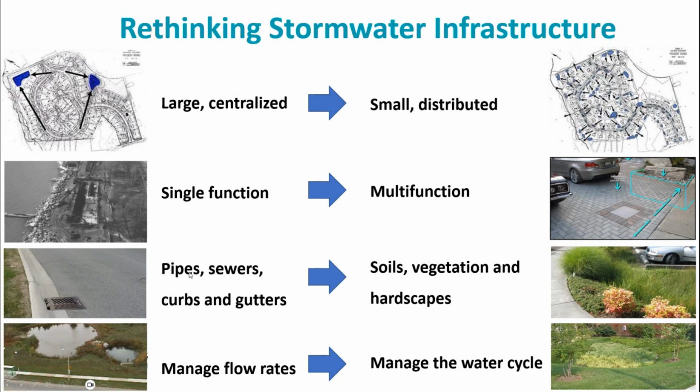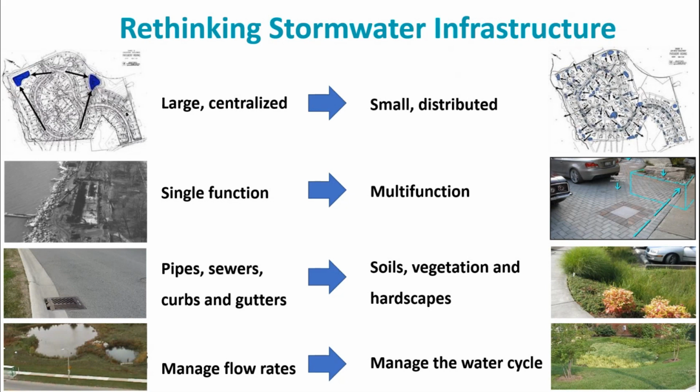We're moving from traditional pipes, sewers, curbs, and gutters to more soils, vegetation, and hardscapes that you can have in bioretention, bioswales, or rain garden systems. And then you can manage flow rates not just by using stormwater management ponds, as we can see here on the left, but you're managing the whole water cycle. So you're managing evapotranspiration and infiltration rates by having more vegetative systems included.